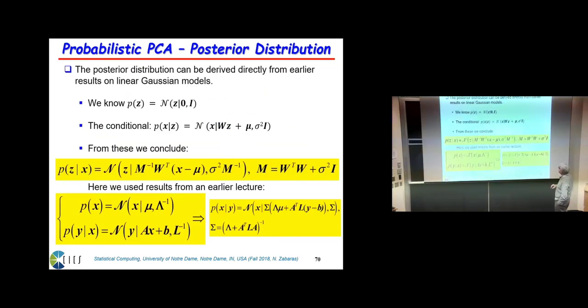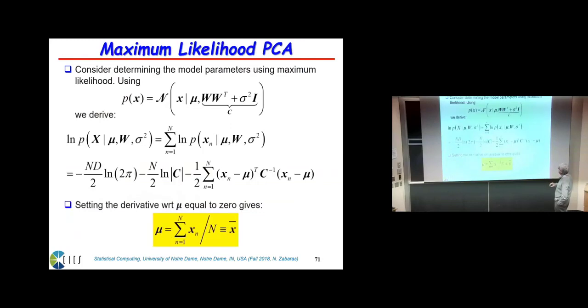So we're going to take the log likelihood, which will involve this matrix C. I put this in to get a compact notation, and we're going to set derivatives with respect to mu and W equal to 0.